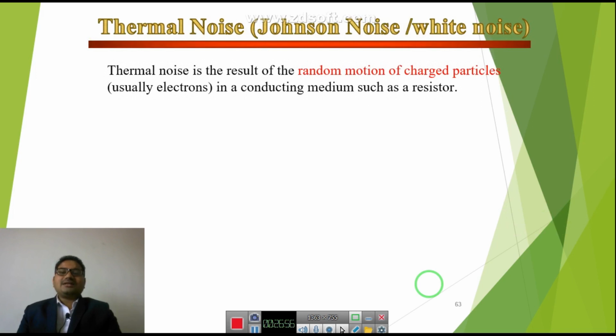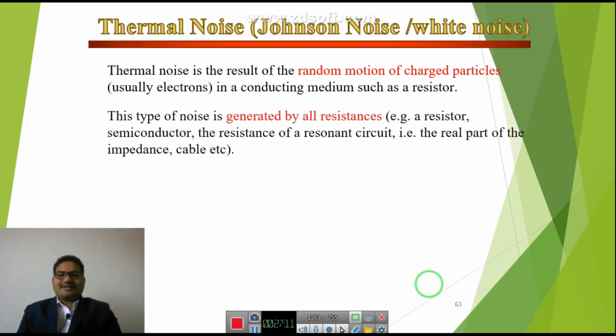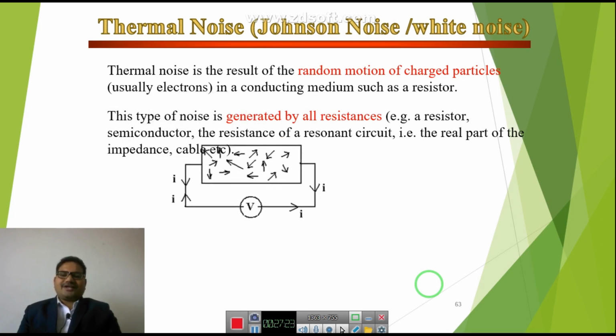Now, what is thermal noise, which is also called Johnson noise or white noise? Thermal noise is the result of random motion of charged particles, usually electrons, in a conducting medium such as a resistor. This type of noise is generated by all resistance: resistors, semiconductors, the resistance of resonance circuits, impedance, cables, etc.